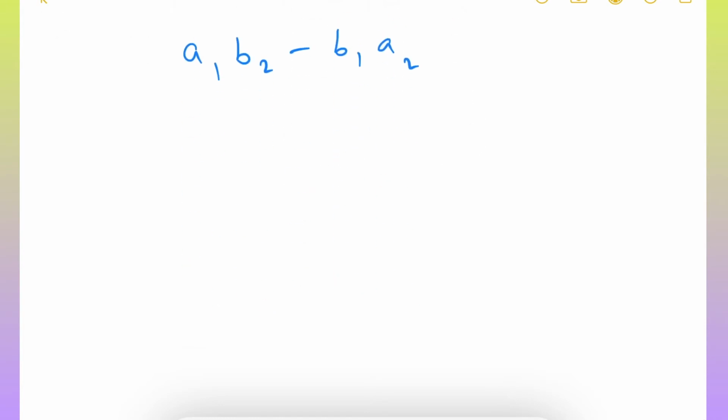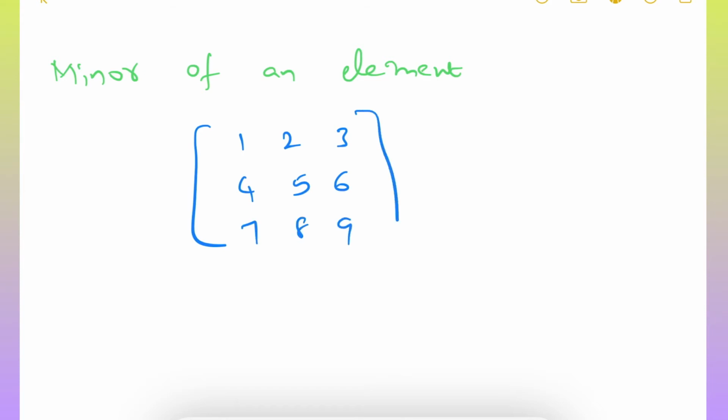Okay, the next topic we will discuss is the minor of an element. For example, I have a matrix 1, 2, 3, 4, 5, 6, 7, 8, 9.